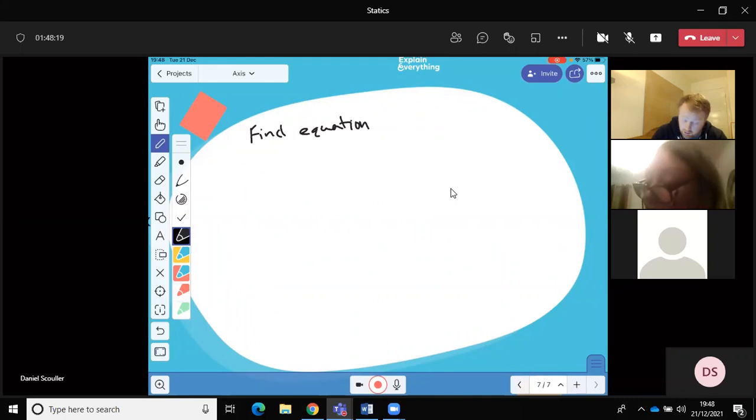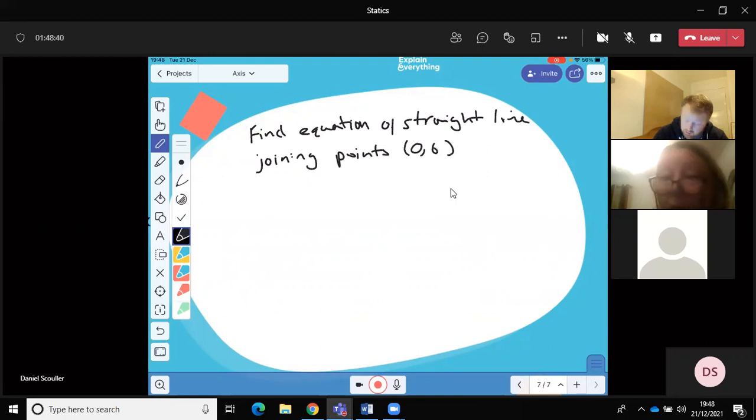Find the equation of a straight line joining points 0, 6 and 8, -2. They might give you an image of a graph and actually plot these 2 points on it, or they could just leave it like that. That's as much information as they could give you.